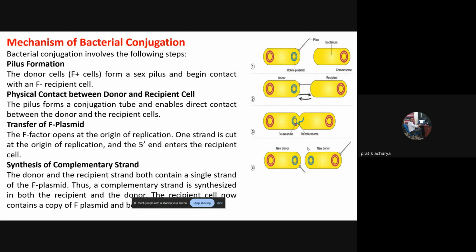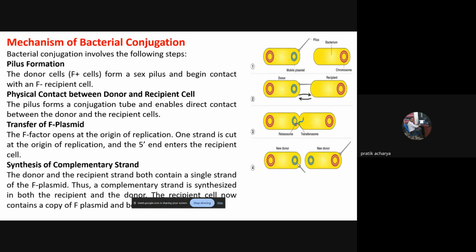So this is another horizontal gene transfer method, because no organism receives its gene from the parent organism. These organisms do not receive the gene from their own parent; they receive the gene from others. That is why this process of transfer is in a horizontal manner, which is called horizontal gene transfer.